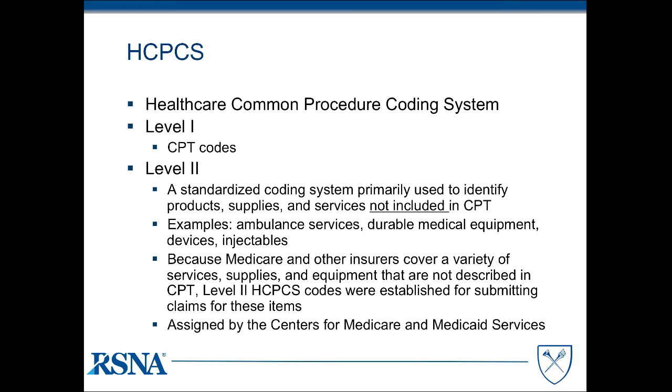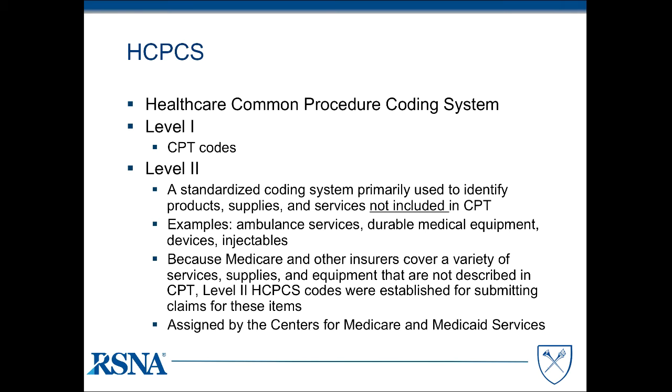They describe services and procedures furnished by physicians and other healthcare professionals. But physicians and other healthcare professionals need to report things to payers that aren't services and aren't procedures. That's where Level 2 HCPCS codes come in. Level 2 HCPCS codes are part of a standardized coding system, primarily used to identify products, supplies, and services that are not included in CPT.